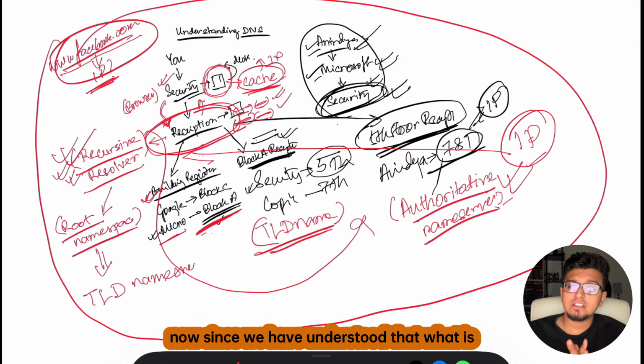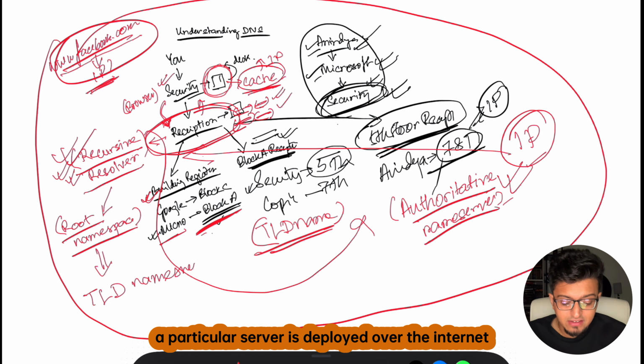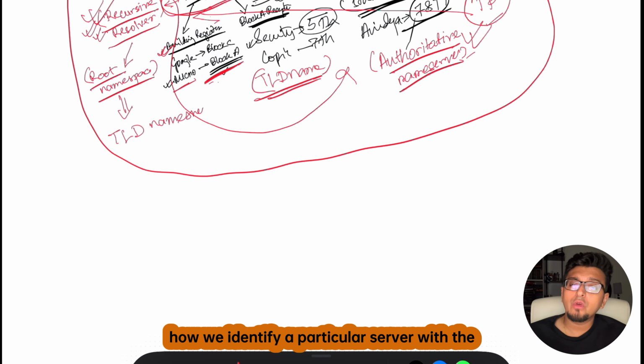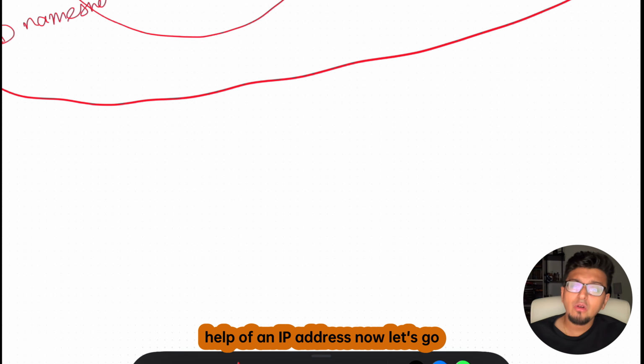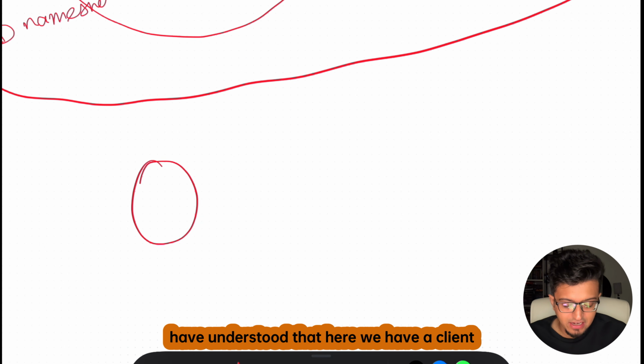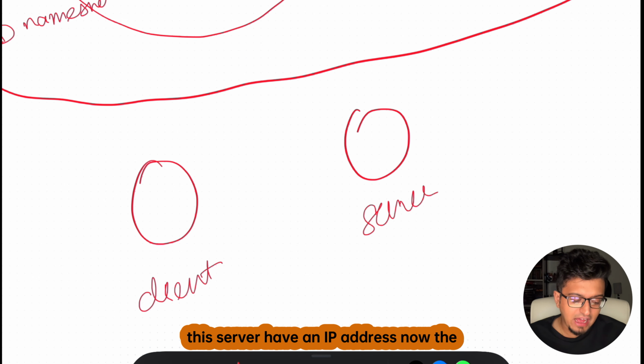Now since we have understood what a client is, what a server is, how a particular server is deployed over the internet, and how we identify a particular server with the help of an IP address, let's go a bit deeper. We have a client and a server, and this server has an IP address.